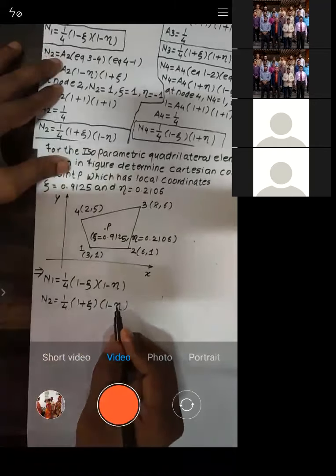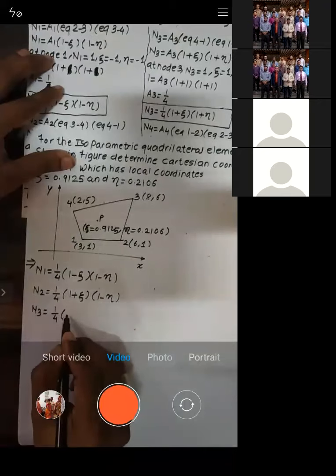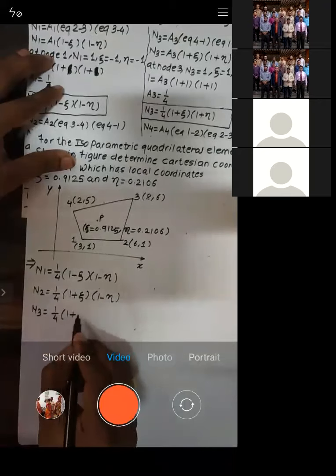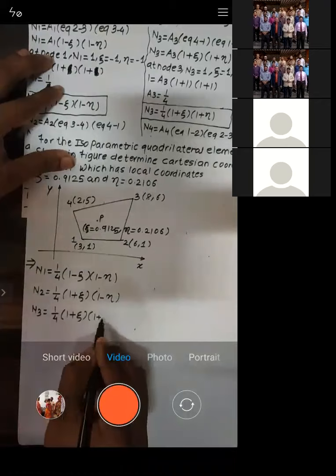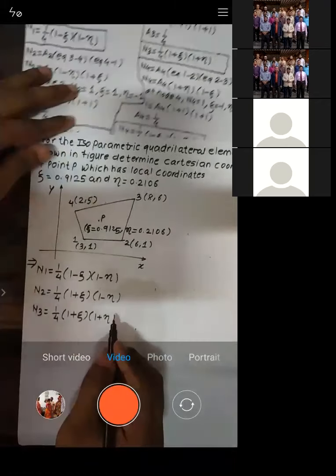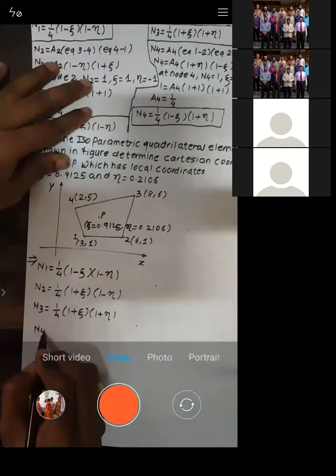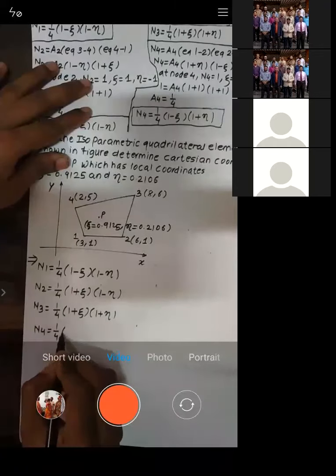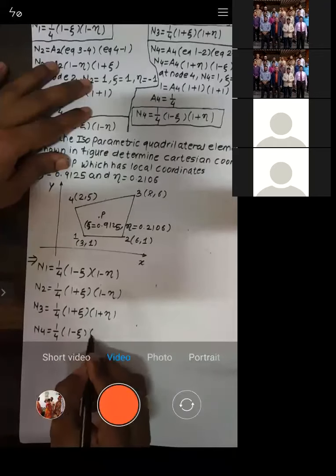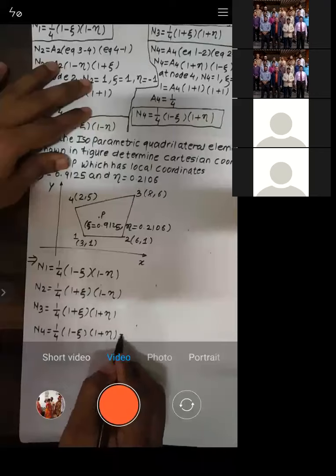I'm just copying those formulas. N3 is 1/4 (1 plus zeta)(1 plus neta). N4 is 1/4 (1 minus zeta)(1 plus neta).